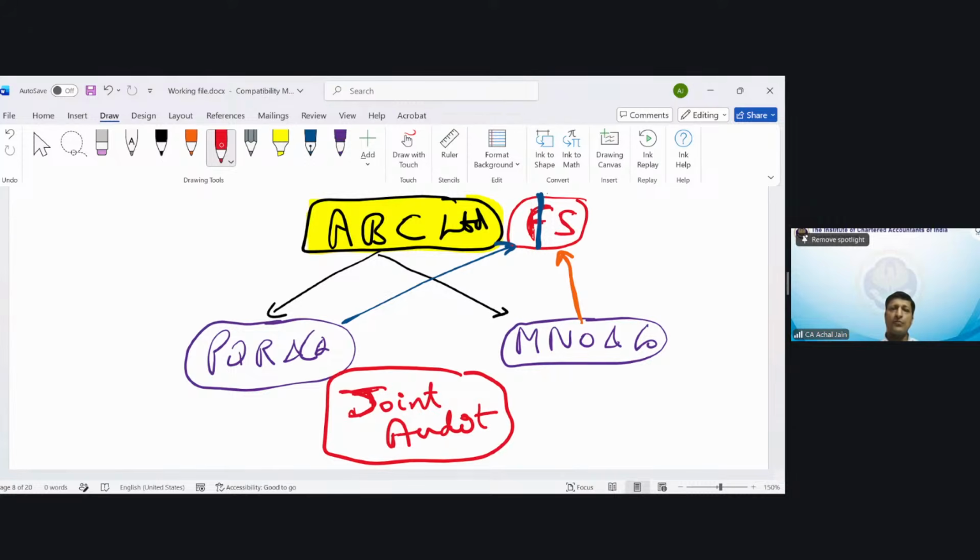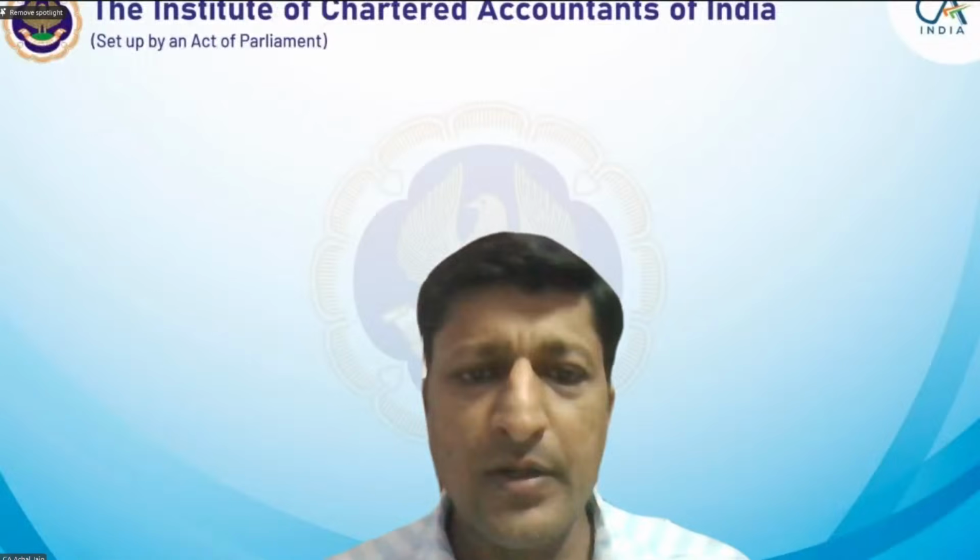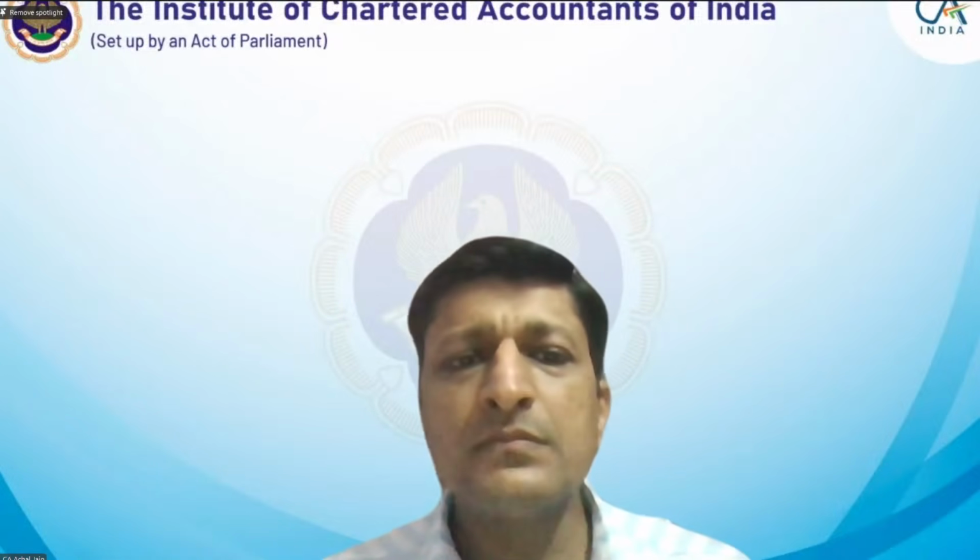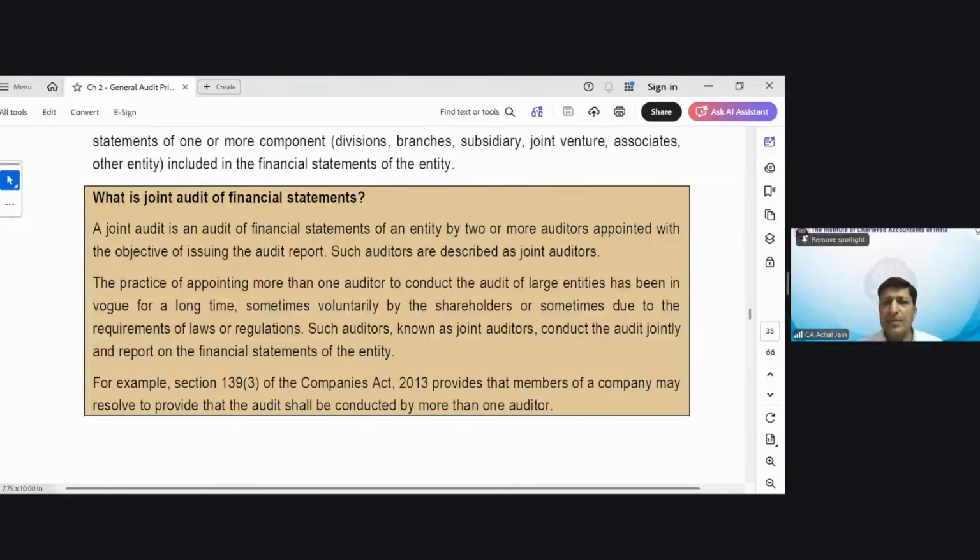That sort of complication definitely gets added in a situation of joint audit. But is it a complication always? No. As we talked about, it will have some advantages, it will have some disadvantages. So it may work either way, and both of those considerations are required to be looked into.